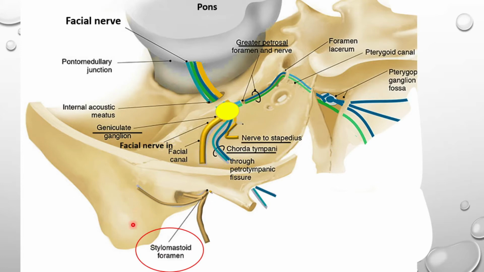So there's our mastoid process, there's our styloid process, and right in the middle of the two processes we have the stylomastoid foramen.